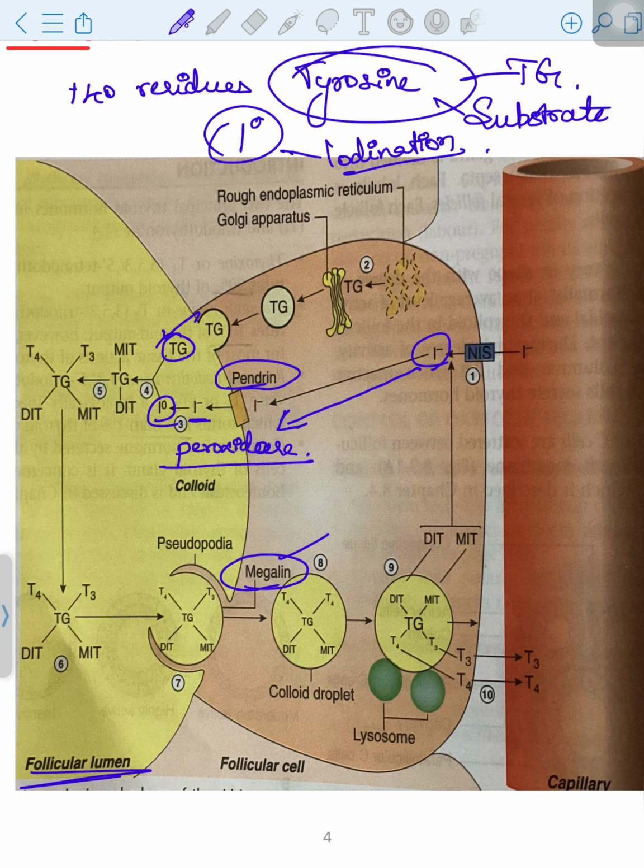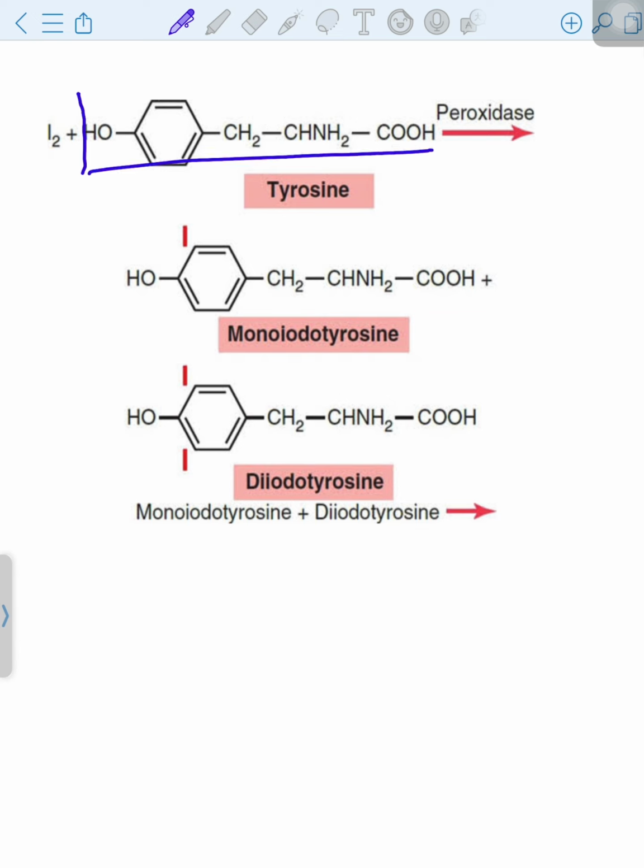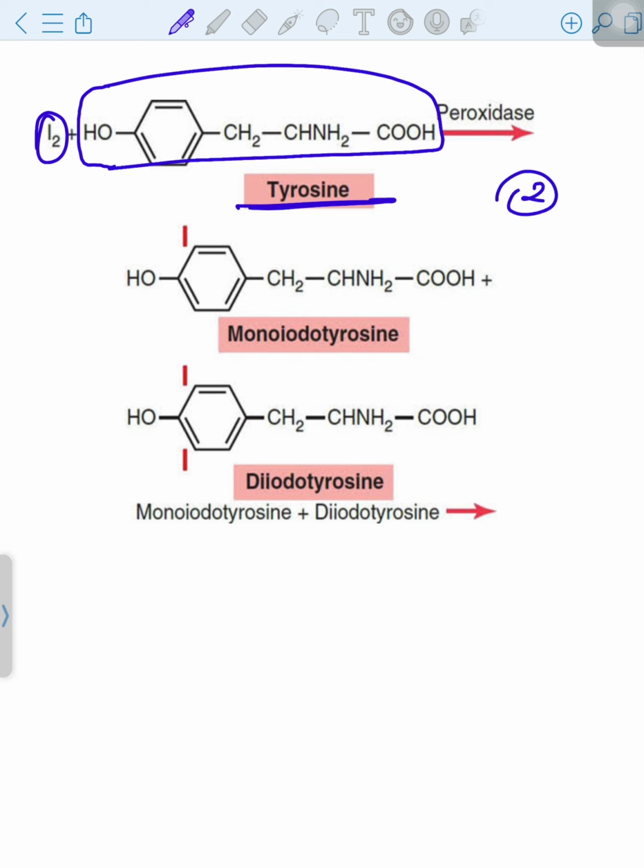Right? You're clear? Now let's see how this iodination takes place and how this T3 and T4 are formed in another picture. This is the tyrosine molecule. And when this iodine molecule reacts with it, it iodinates with this tyrosine molecule in two different positions.